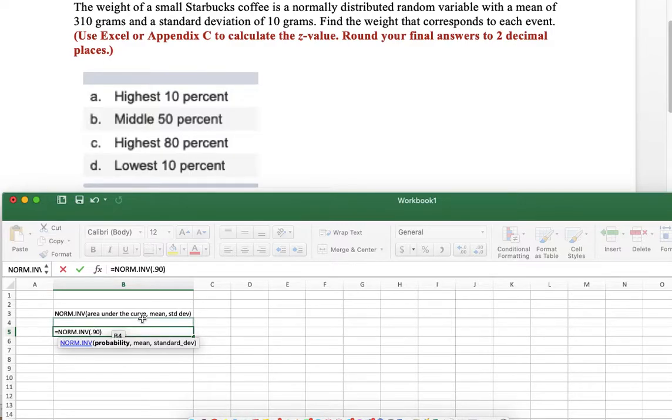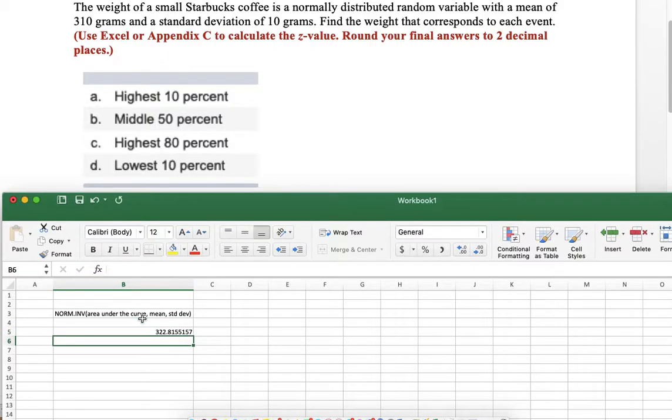Then the mean is 310 grams, and the standard deviation is 10 grams. We put it in, and we get 322.82, rounded to 2 decimal places.